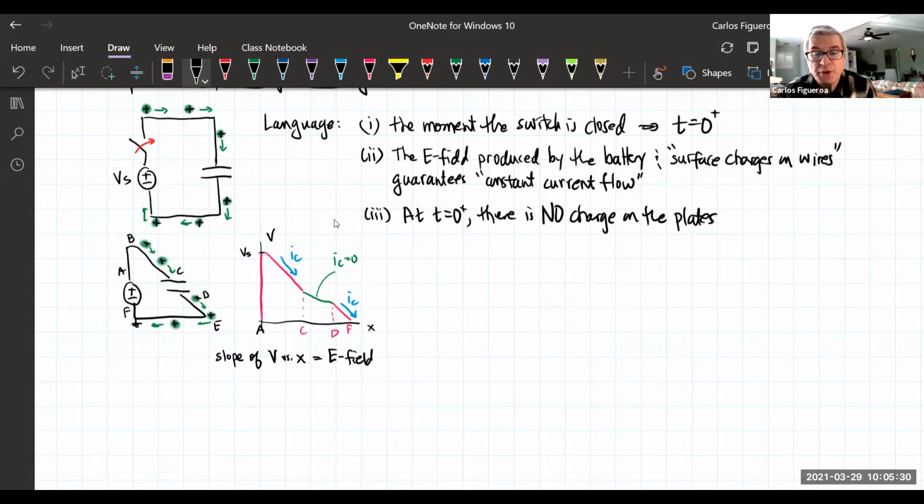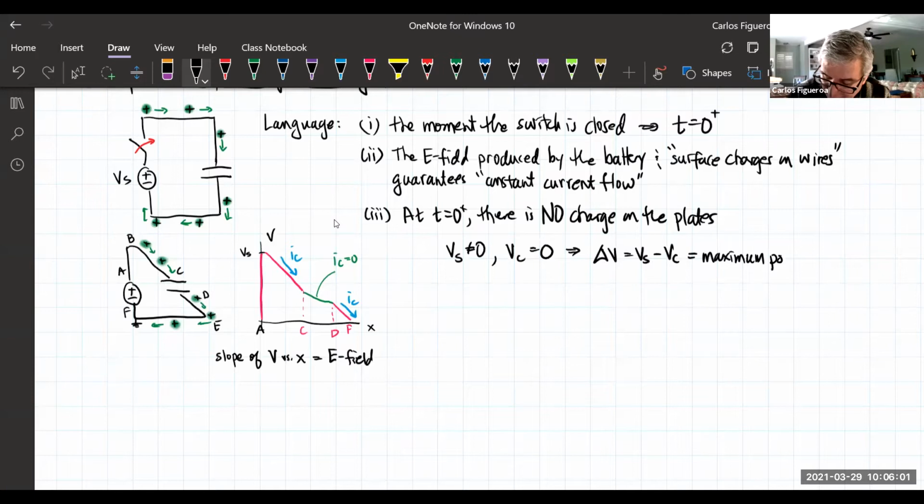If there's no charge on the plates, then the voltage of the source, right? That's not zero. The voltage of the capacitor is zero. So the potential difference between the source and the capacitor gives you maximum potential difference.